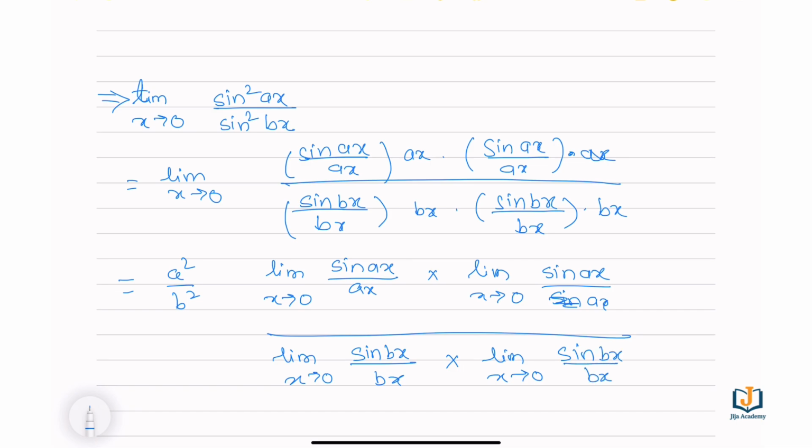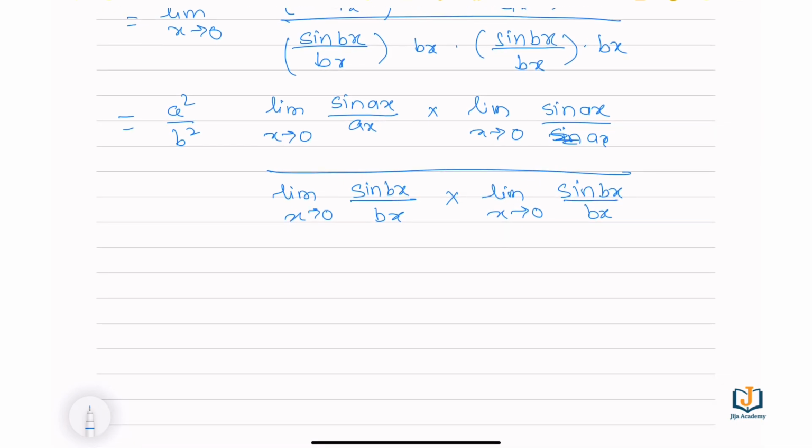So now all these terms are 1. So we get a square upon b square into 1 divided by 1 into 1. So answer is a square divided by b square.